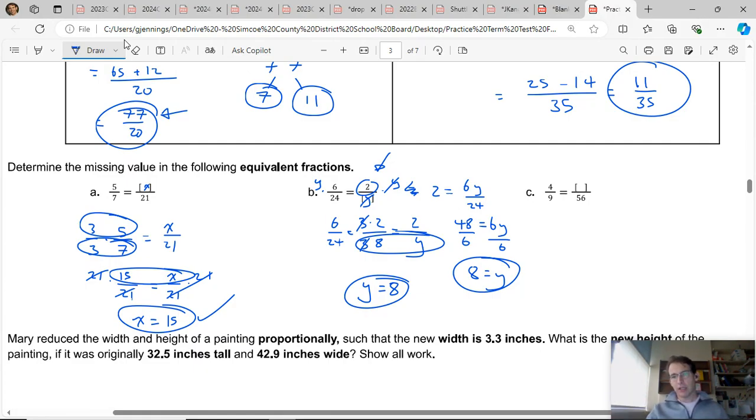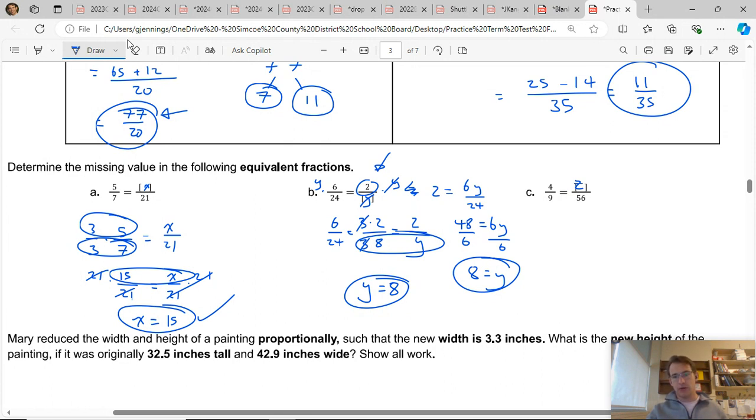Here, if I can recognize that we have multiplied by 6 here to scale this fraction up, 6 times 9 is, oh, very nearly 56. It's not 56. That's not true. So what I want to do here is use my algebra Z, and I'm going to multiply both sides by 56.